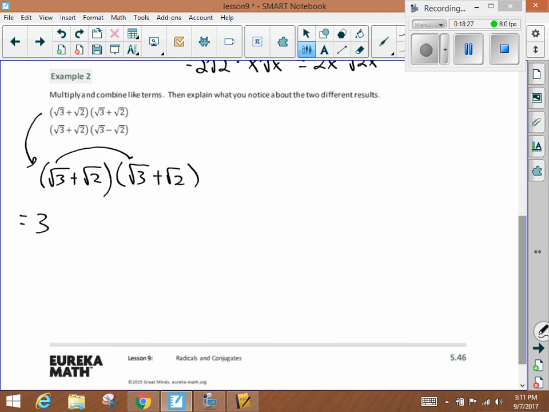The square root of 3 times the square root of 2 is going to be positive root 3 times 2. Then I do this guy right here. That's going to be positive root 2 times 3. And then when I multiply these two, the square root of 2 times the square root of 2 is just 2.